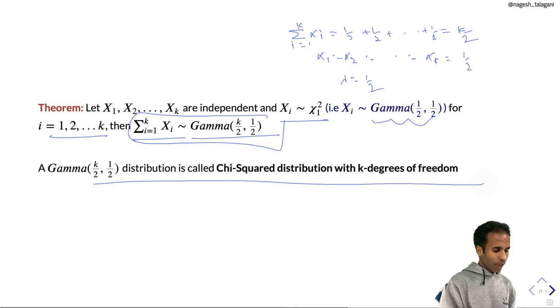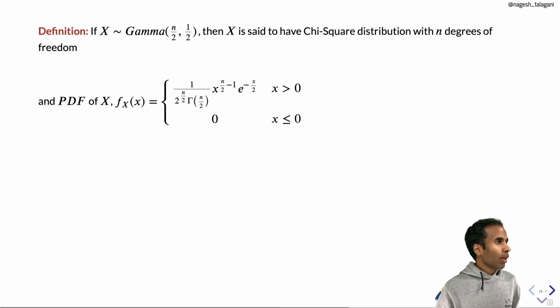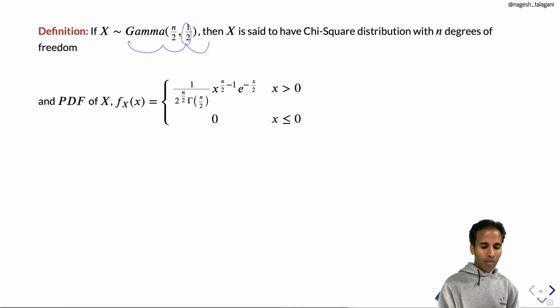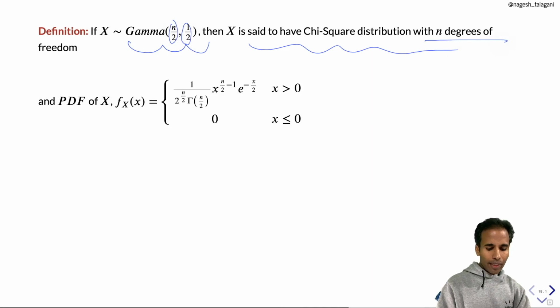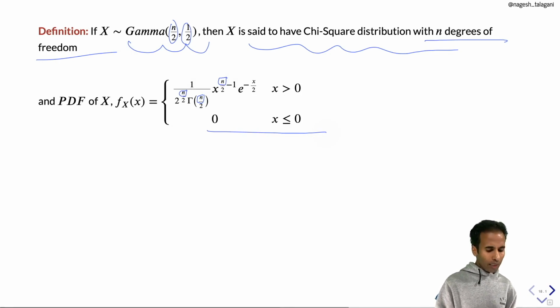Let me give a definition for this. Definition: if X follows gamma distribution with the parameters n by 2 comma 1 by 2, this special gamma distribution, where lambda is 1 by 2 and alpha is n by 2, where n is some integer, then X is said to have chi-square distribution with n degrees of freedom, whose PDF we can write like this: 1 by 2 to the power of n by 2 over gamma n by 2, x to the power of n by 2 minus 1, e power minus x by 2 for x positive, 0 for x less than or equal to 0.